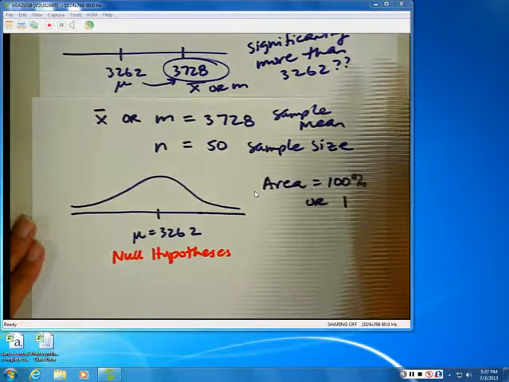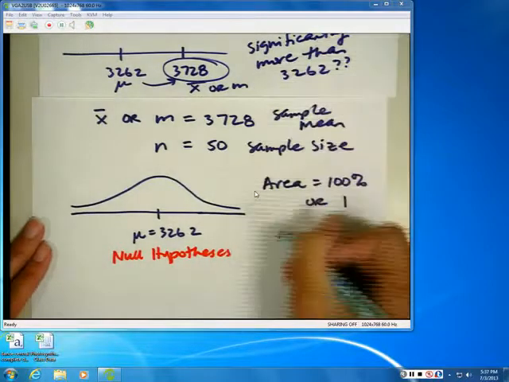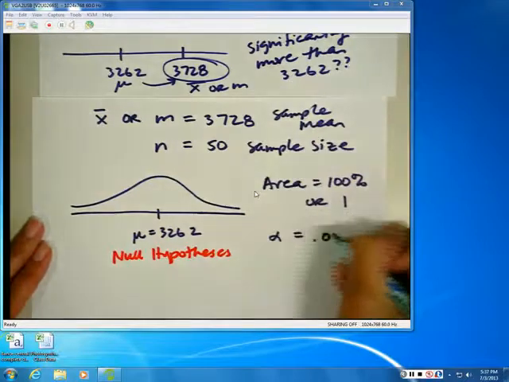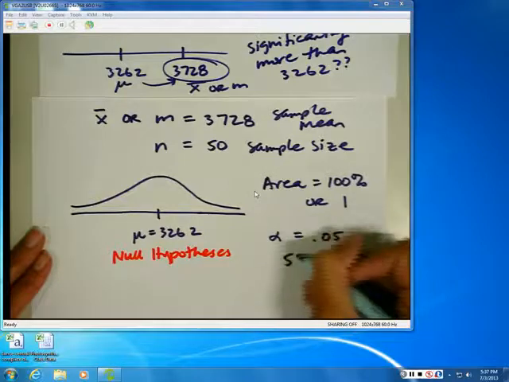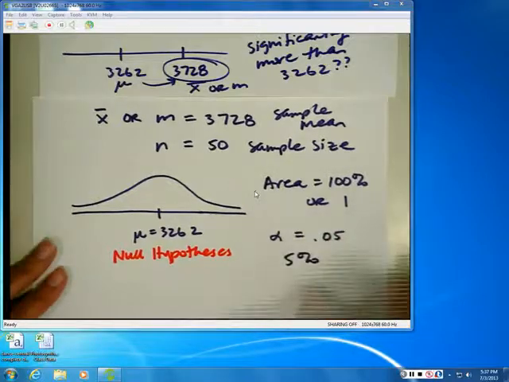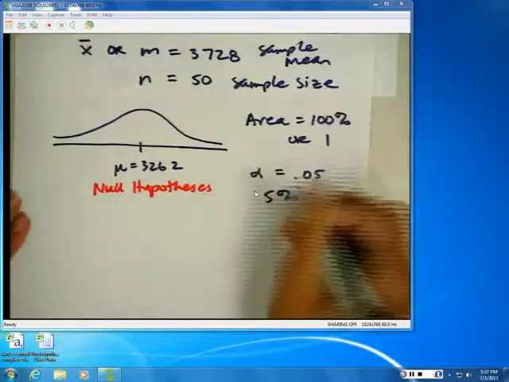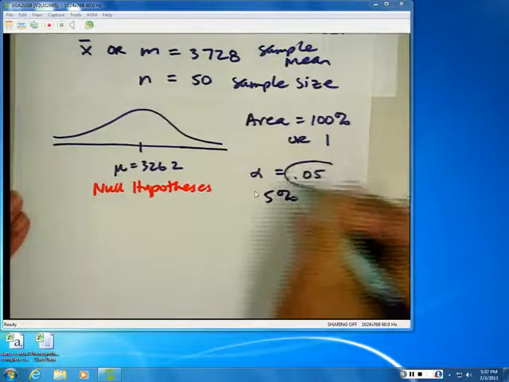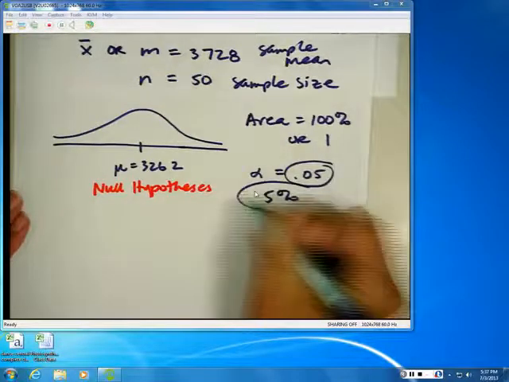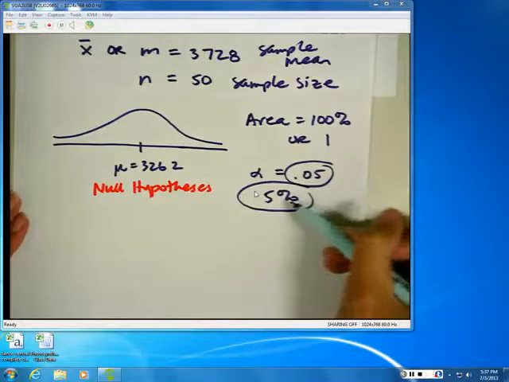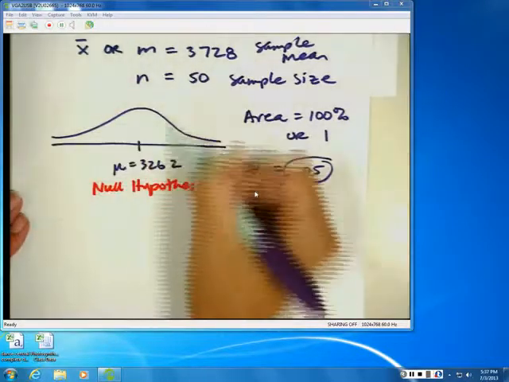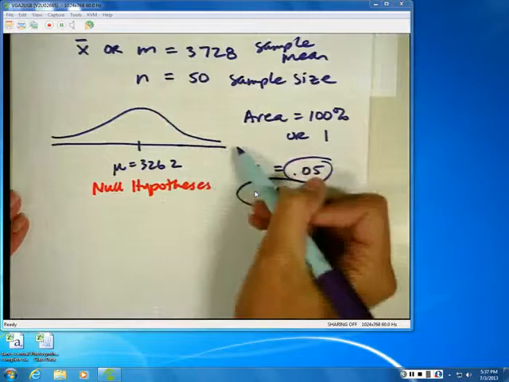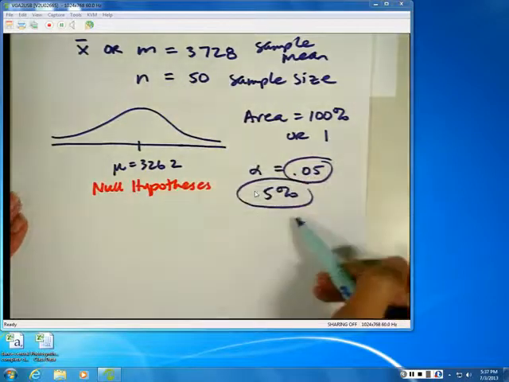Well, as I look at that significance level, let me draw it down here. Alpha was 0.05. We're going to use this 5% to draw our significance area. So I want the size of my significance area to be 0.05 or 5% of the entire area. The entire area here is 100%. I'm going to let 5% of that be the rejection region.